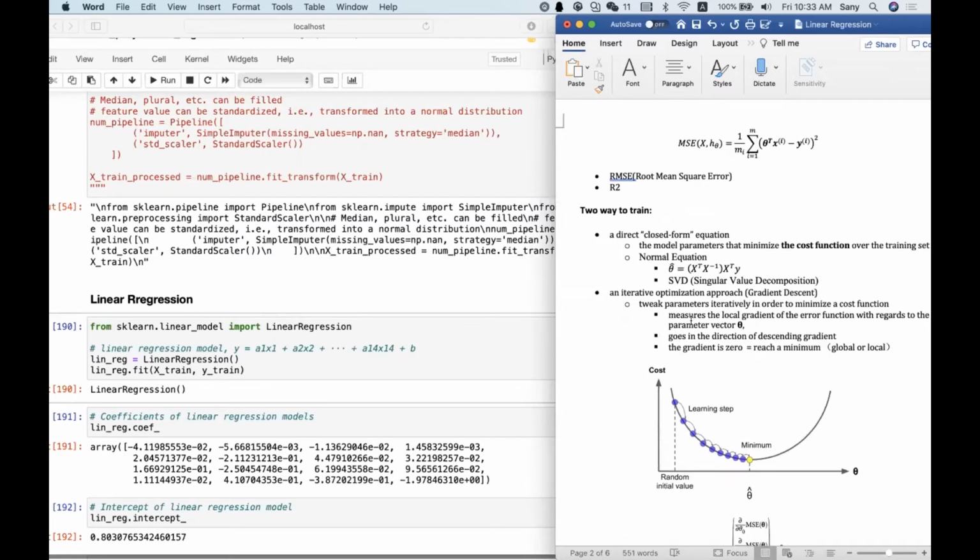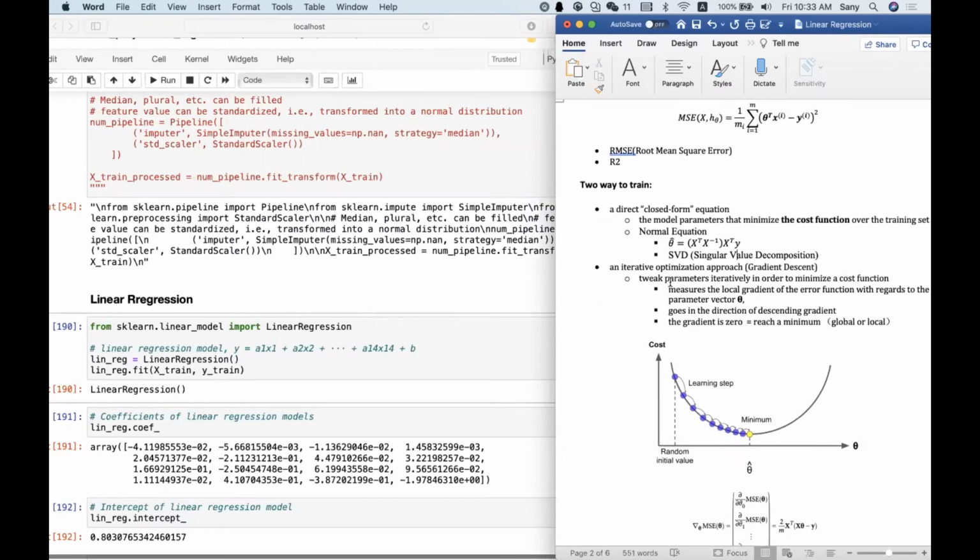So it will tweak the parameters iteratively, and it measures the local gradient of the error function with regard to the parameter vector theta. This is the symbol for the gradient.